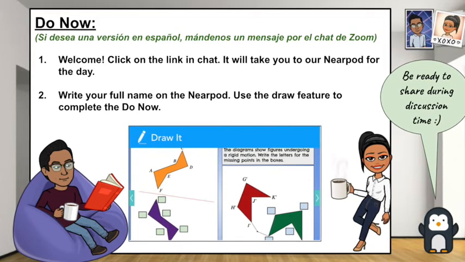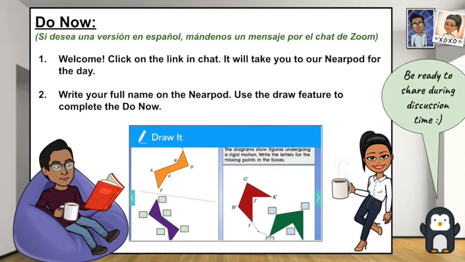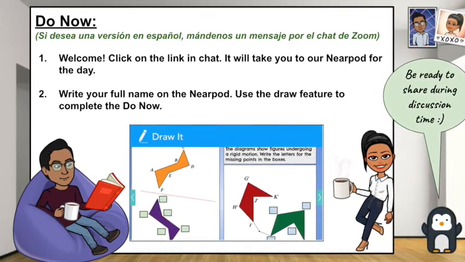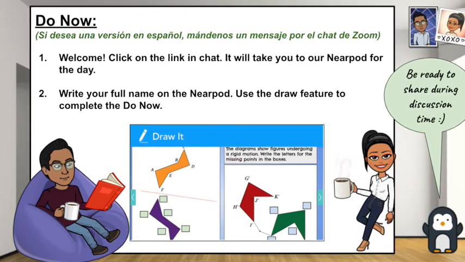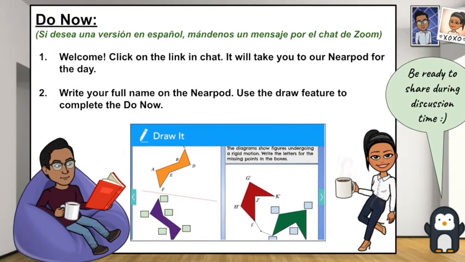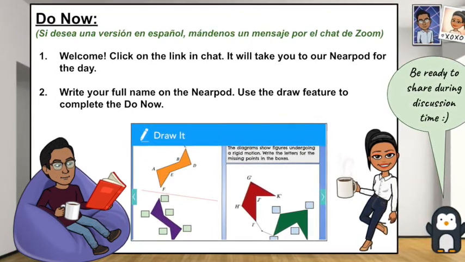In the meantime, what you are doing for the Nearpod is looking at these 2 diagrams. Each diagram is showing you a rigid motion that was performed. Yesterday, you learned about the corresponding parts after a rigid motion and how to label them.